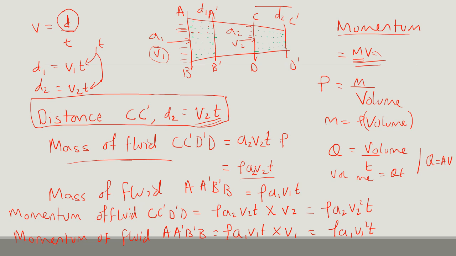Okay, but we are still not done. What we want to find is the change of momentum, which will now give us the rate of change of momentum when we divide it by time. So now what is the change of momentum? This is another slide.